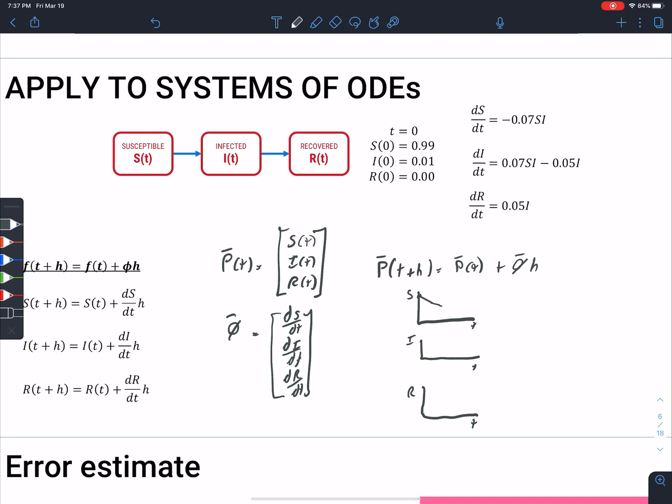So you start here, and then the curve will start going down. The infected initially will be 0, but then will start coming up, and the recovery initially will be 0, but then also will be coming up. And so this is what you're going to do here also. Start from this time step here, and compute the next estimate, right? Maybe it runs there. Start from this time step, you go there, and you trace out the whole curve.